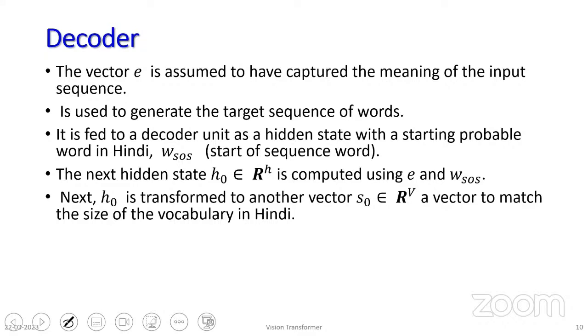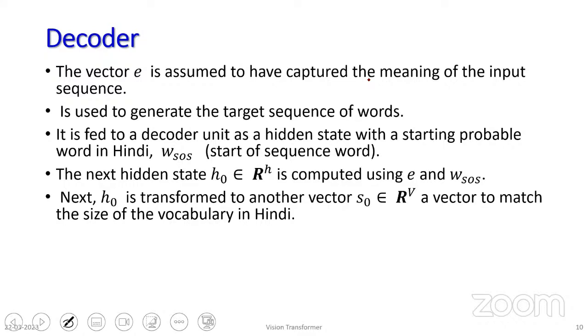Let me first explain. H0, so you get a hidden state. You know that in a convolutional neural network or recurrent neural network, the size of the output will depend upon the structure of your neural network.